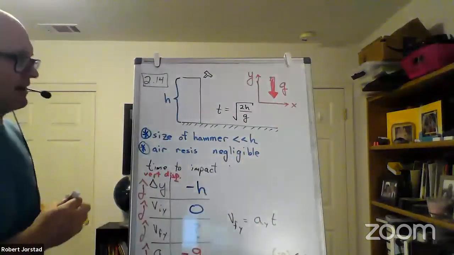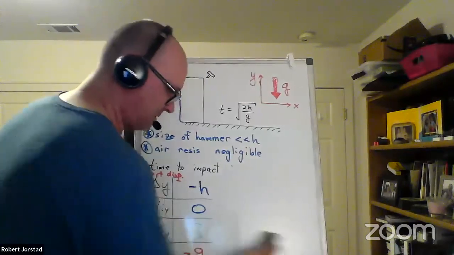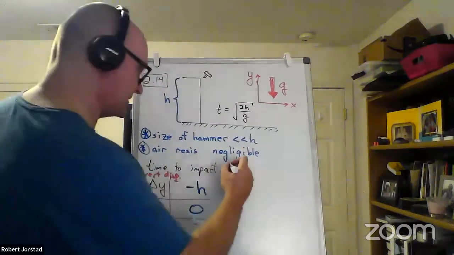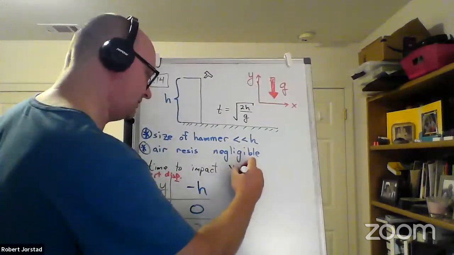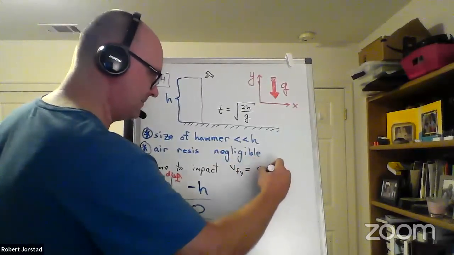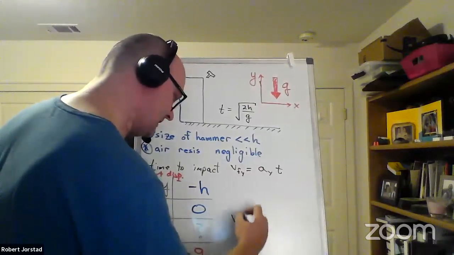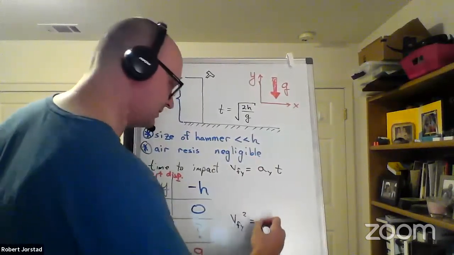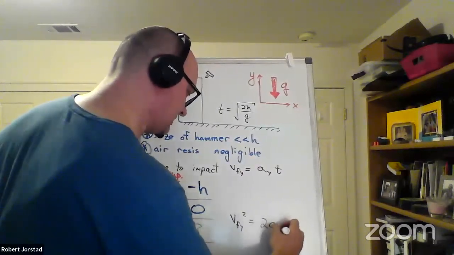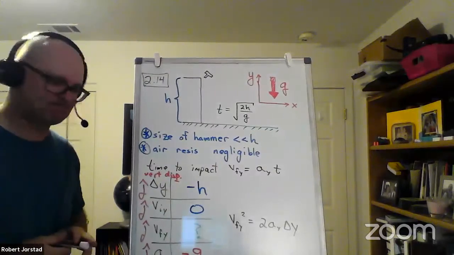All right. So now I've got that, and now I have a little bit more room to work with these ones here. So I'm going to scoot them a little higher on the board. So we said that V final Y should equal A sub YT. Or we also said V final Y squared is equal to 2 A sub Y delta Y. That's what we had left.